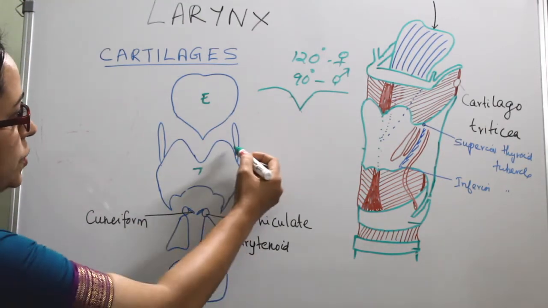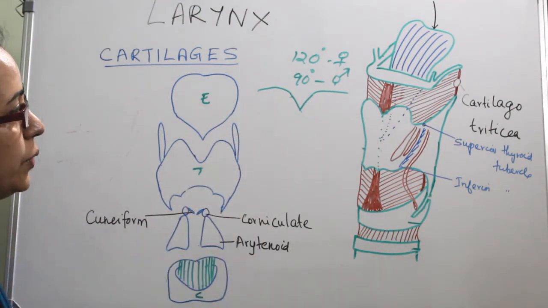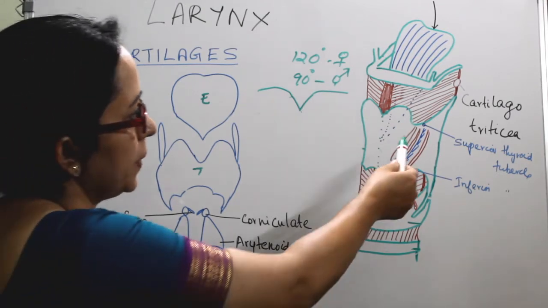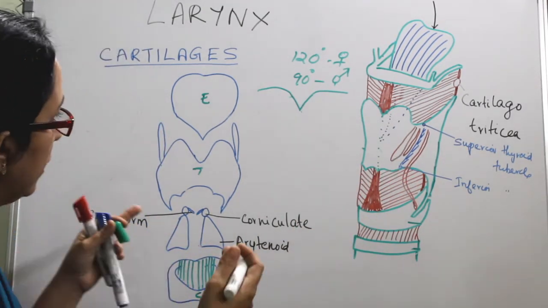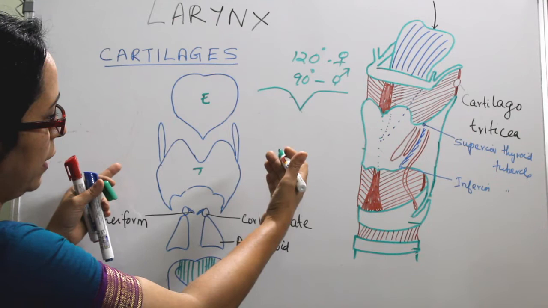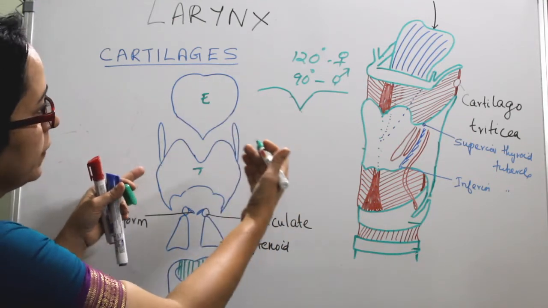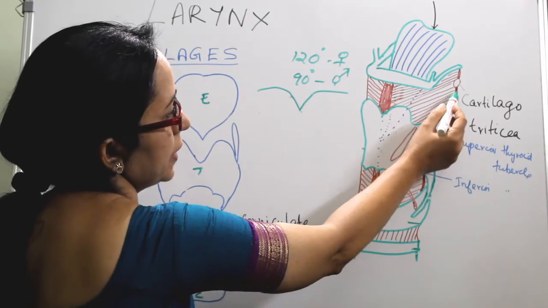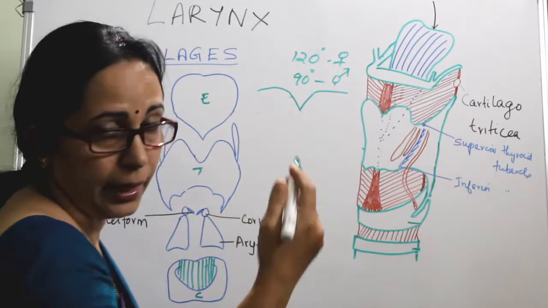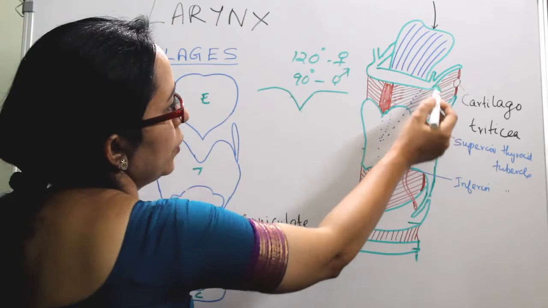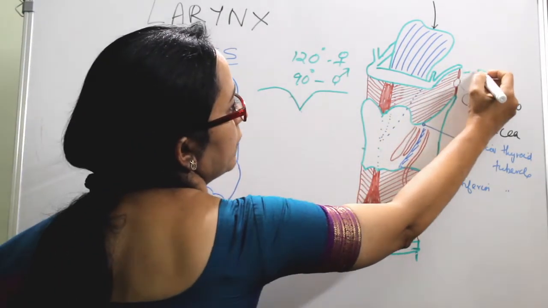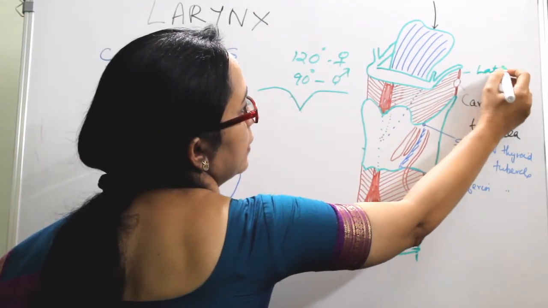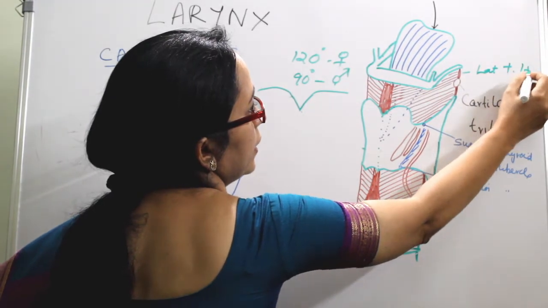This superior cornu, how is it going? It goes backward, upwards and medially, and there comes the attachment of the lateral thyrohyoid ligament.